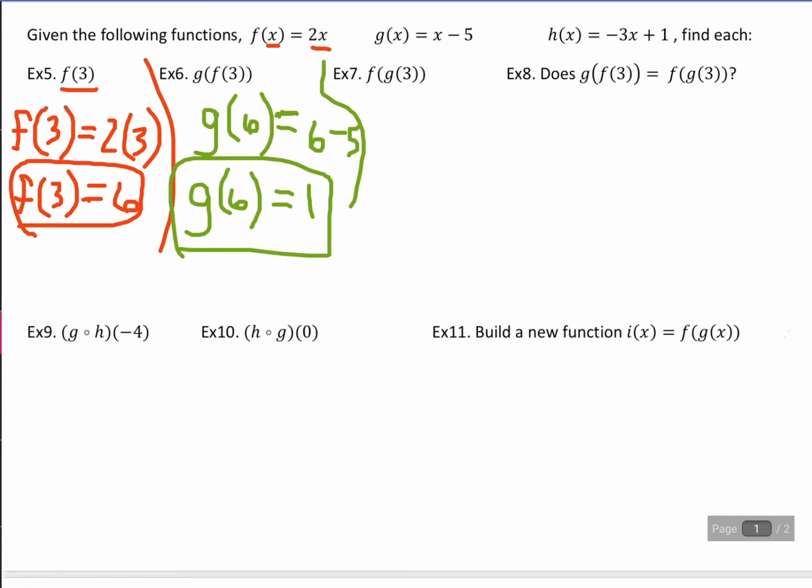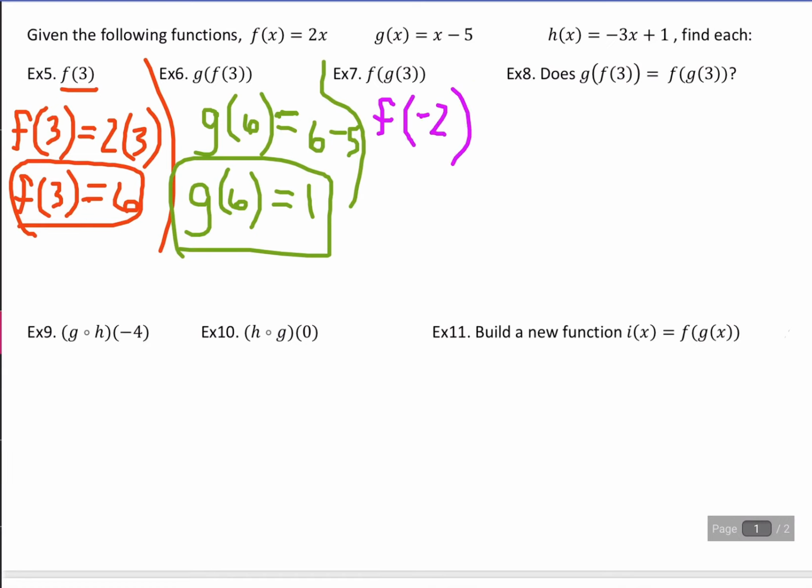Now let's put 3 into the g function. So the g function just subtracts 5. So g of 3 would be 3 minus 5, or negative 2.